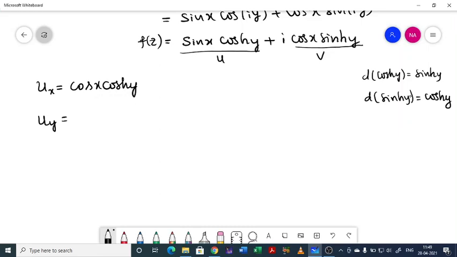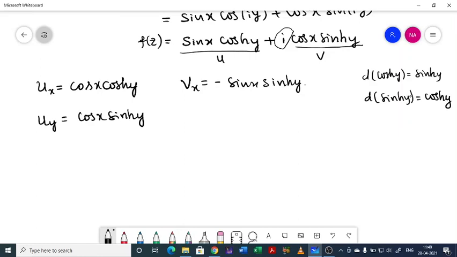Hyperbolic only. So here cos x into derivative of cos hy, that is sin hy, it will be cos x sin hy. And vx equal to minus sin x; don't take this i with v, whatever is left apart from i is v, don't add the i. So vx equal to minus sin x sin hy.